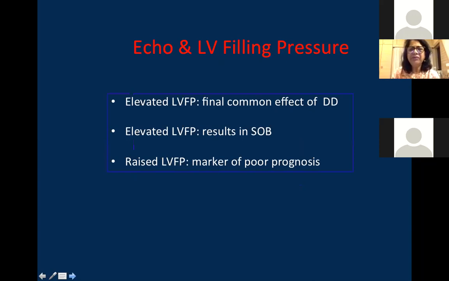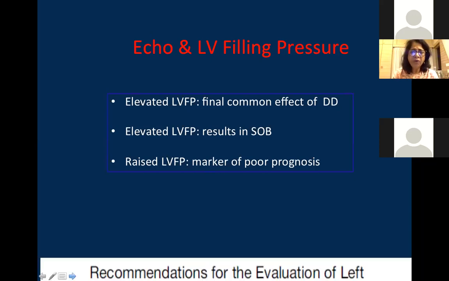The elevated LV filling pressure is the final common effect of diastolic dysfunction, which results in shortness of breath. And we must remember that elevated LV filling pressure is a marker of poor prognosis.